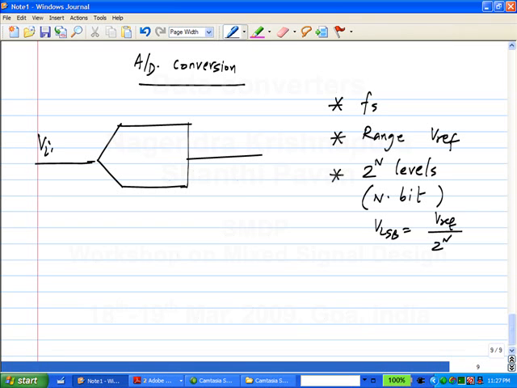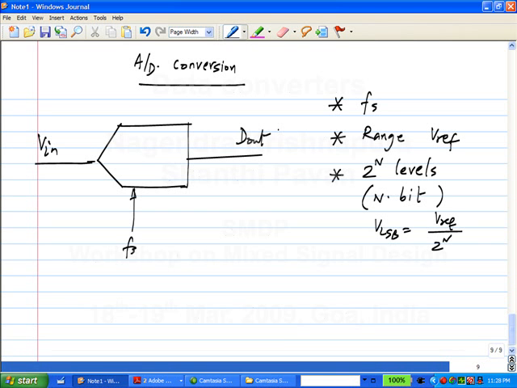So you apply a voltage V in, and you have a clock running at the sampling frequency Fs, and at every 1 by Fs seconds it puts out a digital number D out, which tells you in which segment the signal is, whether it's between 0 and 1 VLSB or 1 VLSB and 2 VLSB and so on.